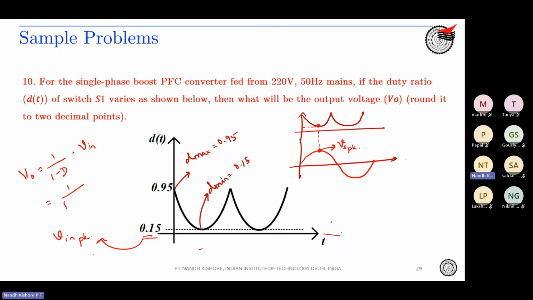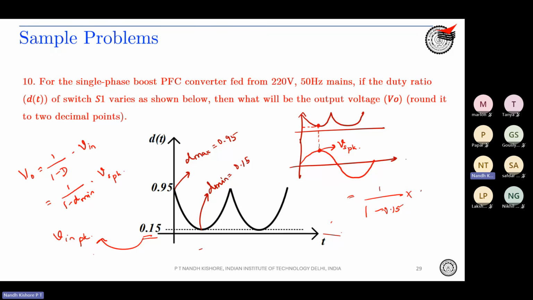That is 1 by 1 minus D min into Vin, which would be the peak value, that is Vs peak. So you directly substitute 1 by 1 minus 0.15 into Vpeak.